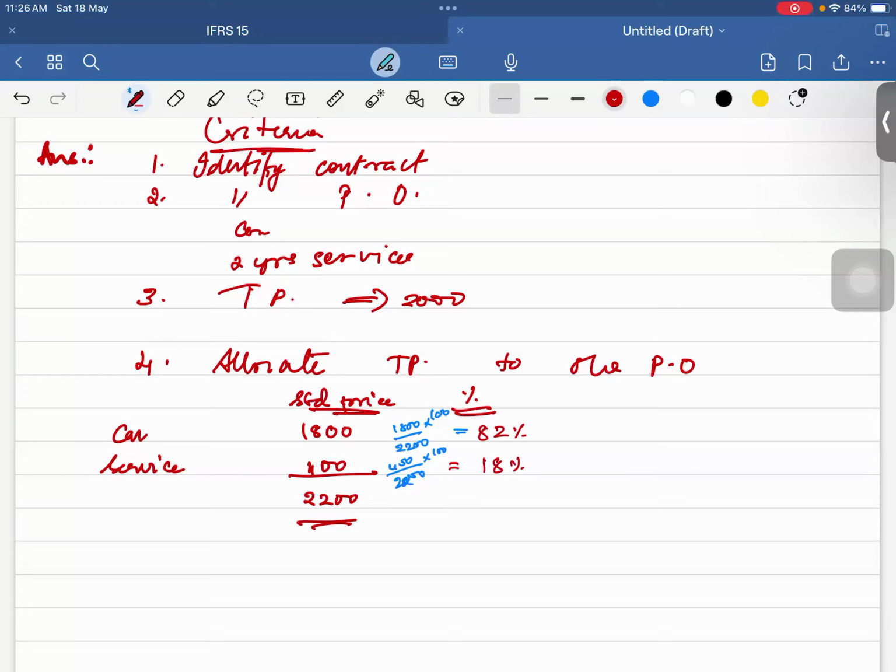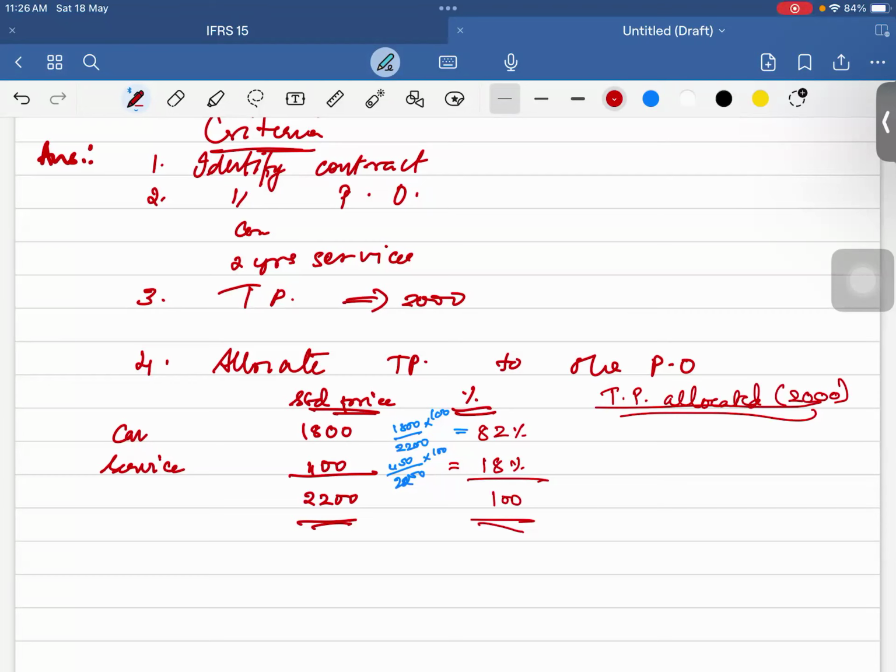So this is the allocation provided based on the standalone price. Now you are going to take this percentage and apply it over the contract price. Understood? That is called the transaction price allocated. Clear? You're going to allocate the transaction price over the 2000.